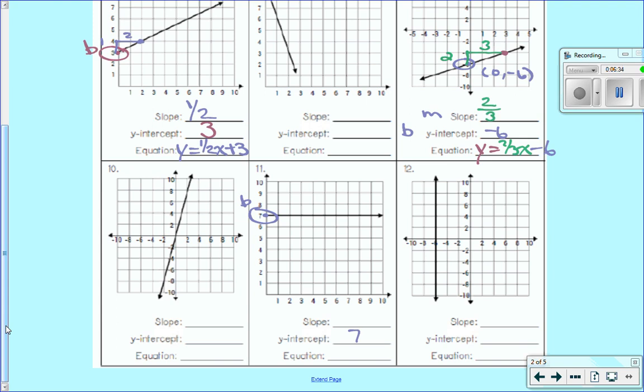What kind of slope is that? 0. Good, because we cannot rise, but we can run any infinite number, right? It can be any number, right? Okay, and then when you divide, you do get 0. So what is that going to look like? Any ideas?